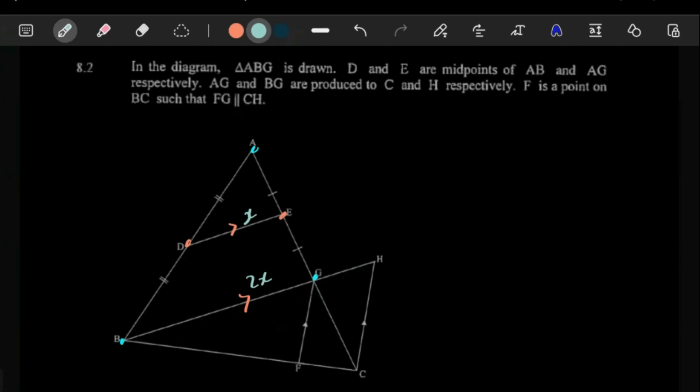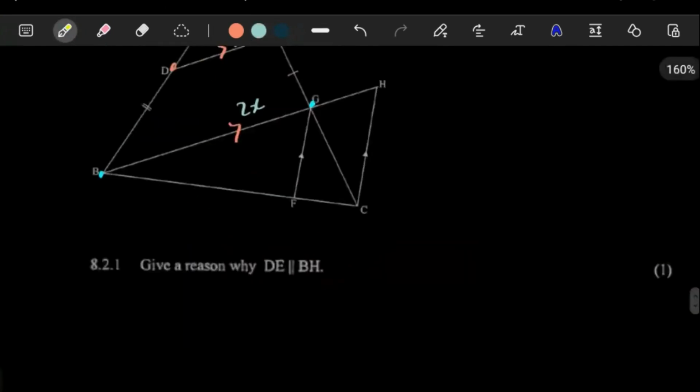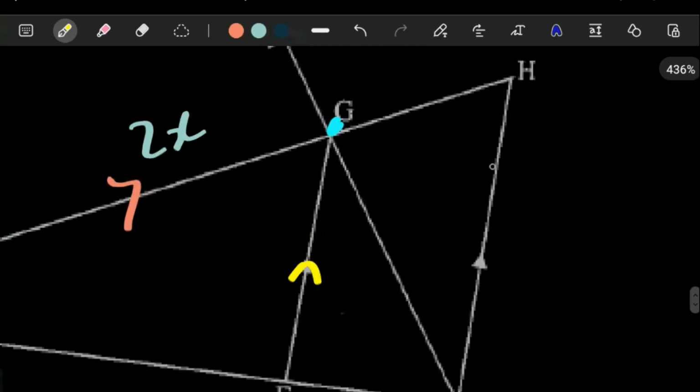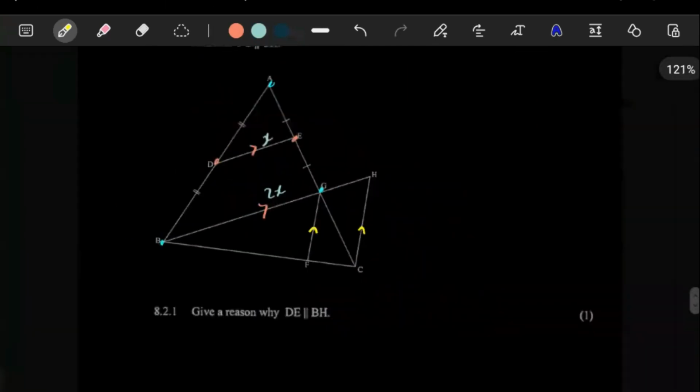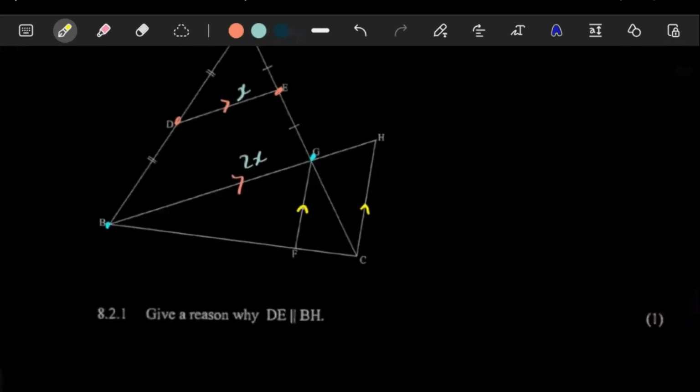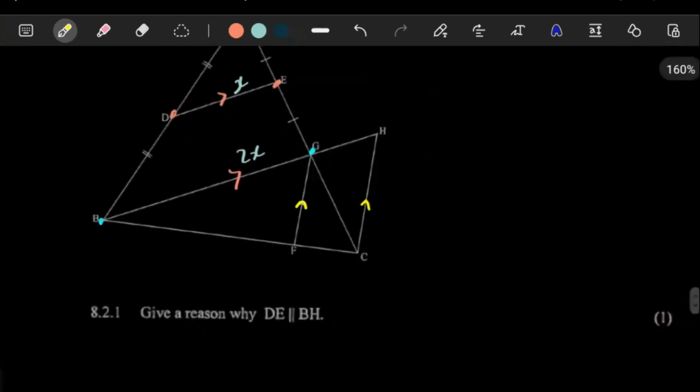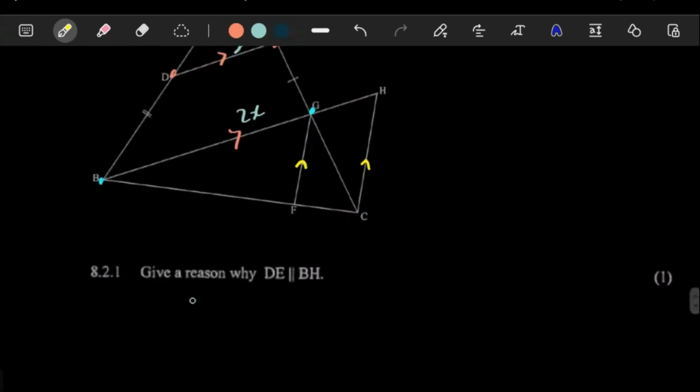Then it says these are parallel. Seems like we're going to have a lot of proportionality theorem stuff here. But it says give a reason why DE is parallel to BH. So the reason is just midpoint theorem.